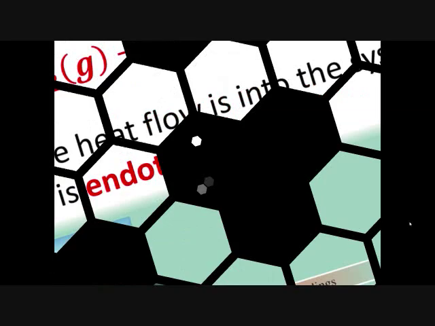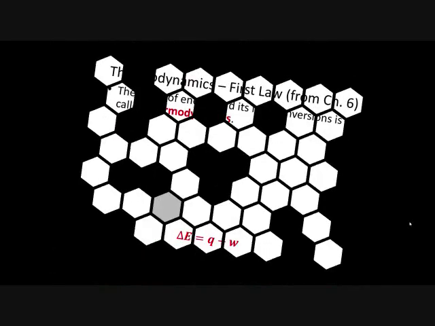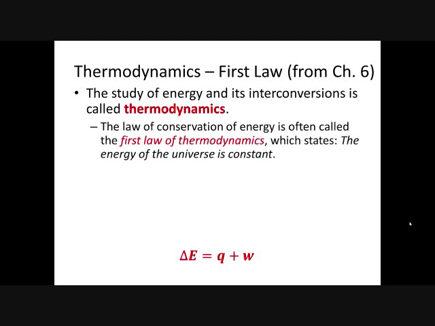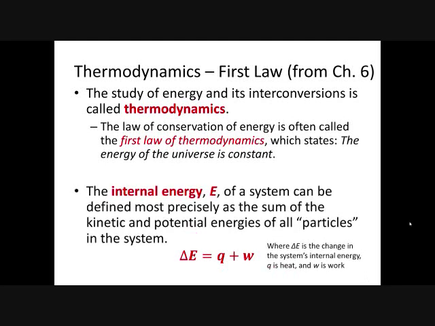Now, also from chapter 6, we learned about the first law of thermodynamics. Thermodynamics is the study of energy and its interconversions. The law of conservation of energy is also often called the first law of thermodynamics, which states that the energy of the universe is constant. To go along with this, we had internal energy, signified by the letter E, defined most precisely as the sum of the kinetic and potential energies of all particles in the system.